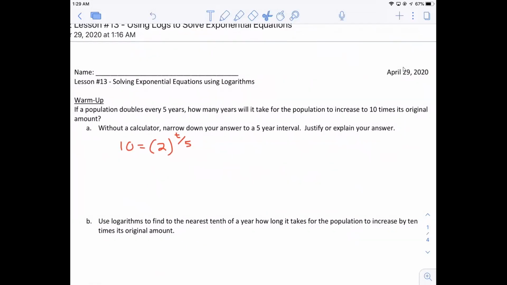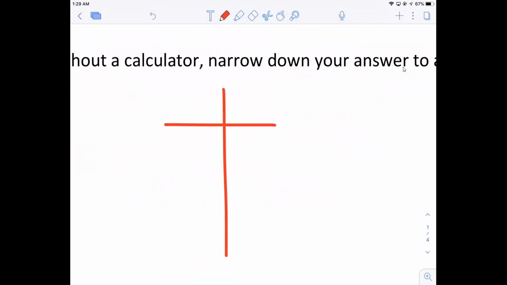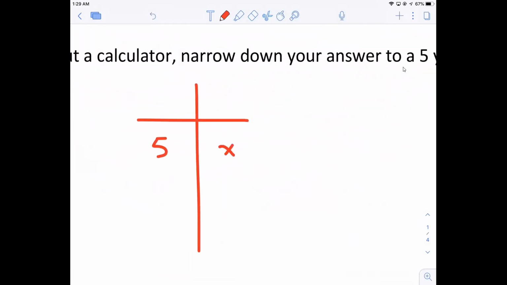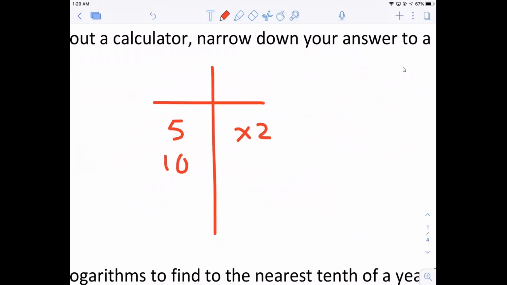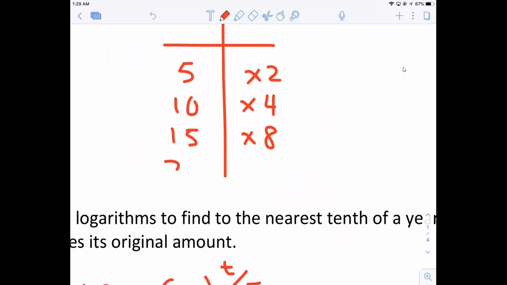The question just asked, without a calculator, narrow down your answer to a 5-year interval. So let's say in 5 years, we're going to double. It's going to be times 2. In 10 years, it's going to be times 4, right? 15 years, we're going to double again, times 8. And in 20 years, we're going to have times 16.